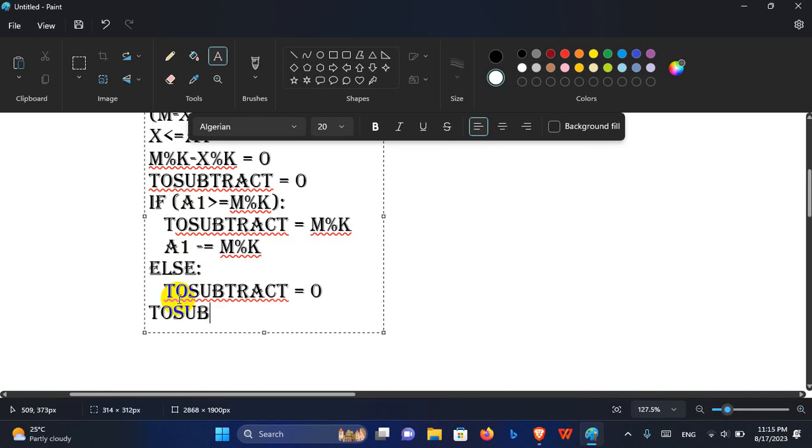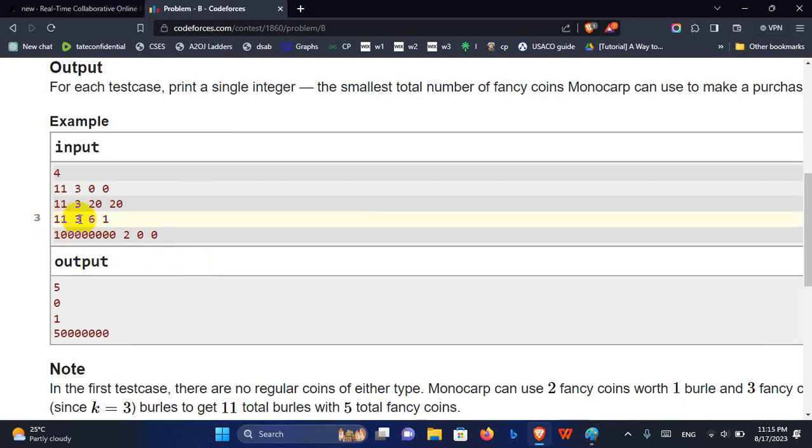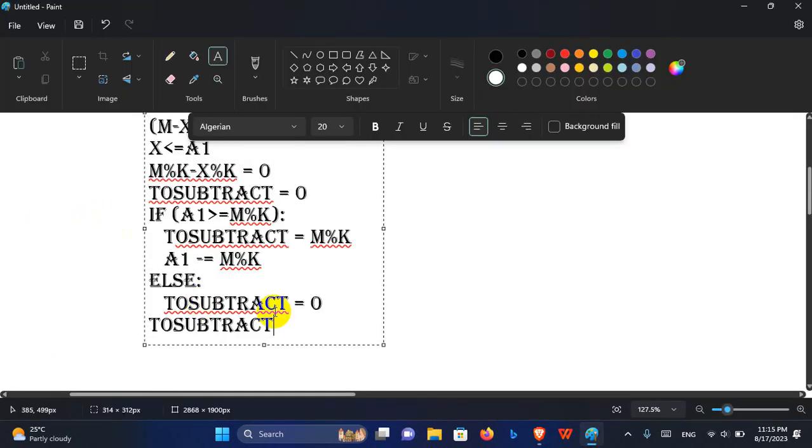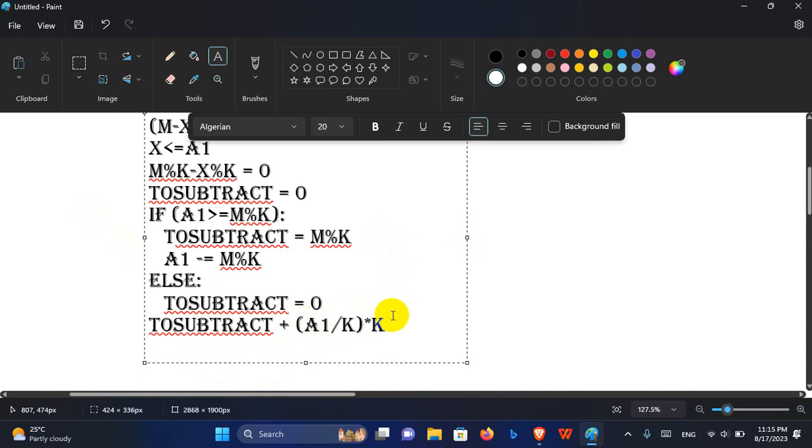Also we need to add, because we had 8, and we subtracted 2, and we are left with 6. We have also this 4, so we can still get some values. So we can add to this also A1 divided by k times k, I mean this whole part of it.